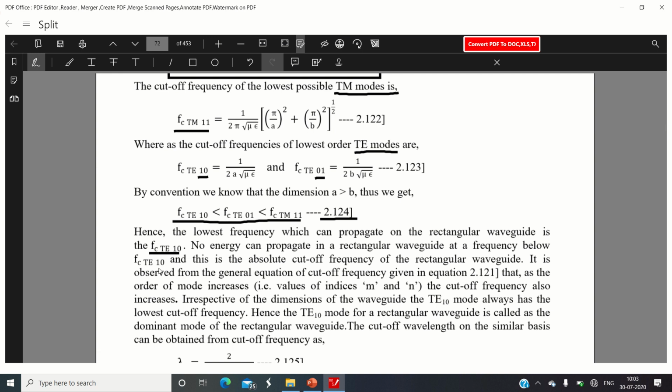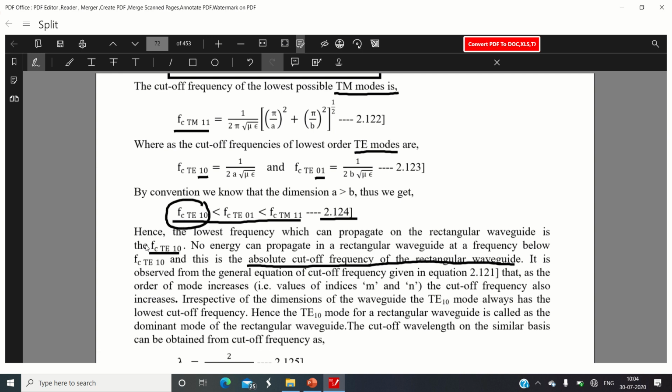That means whenever a signal wants to propagate through the rectangular waveguide, the minimum frequency should be the TE10 mode frequency. If the frequency falls below the TE10 mode frequency in a given rectangular waveguide, the signal cannot propagate, right? And hence the absolute cutoff frequency of the rectangular waveguide is specified by TE10. This is the minimum frequency.